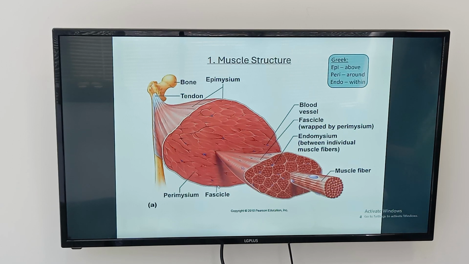We have blood vessels, of course. Now, let's imagine we're going to take one fascicle at a time. Each fascicle is wrapped by a perimysium.